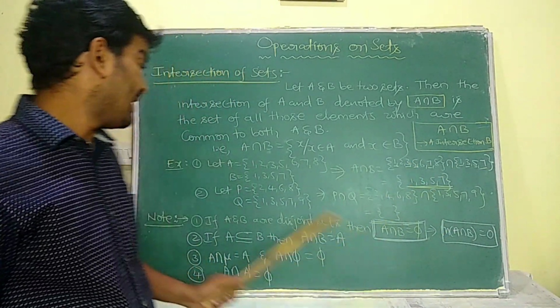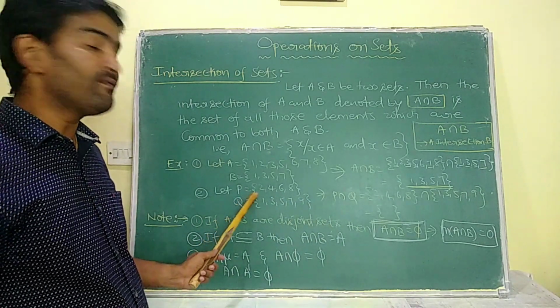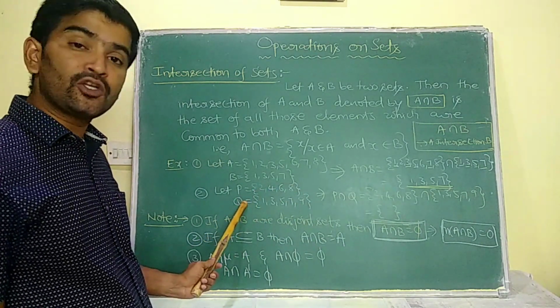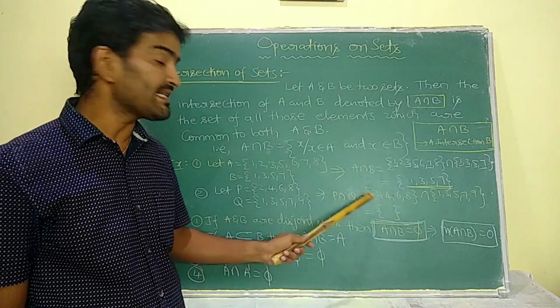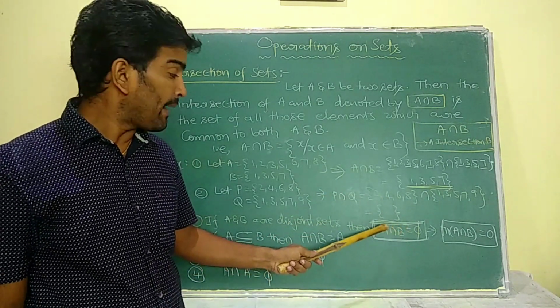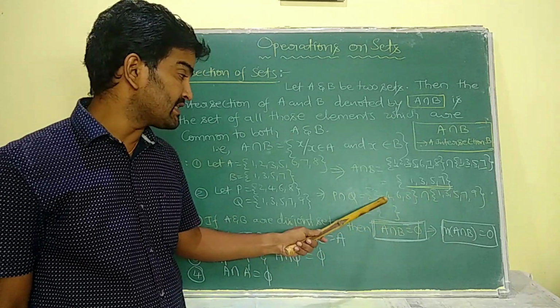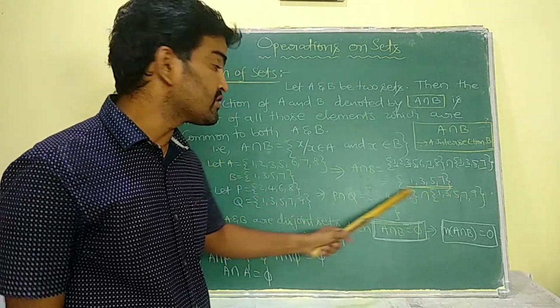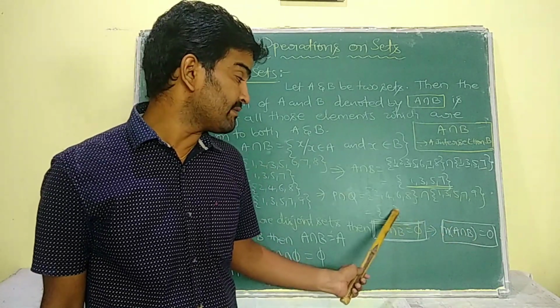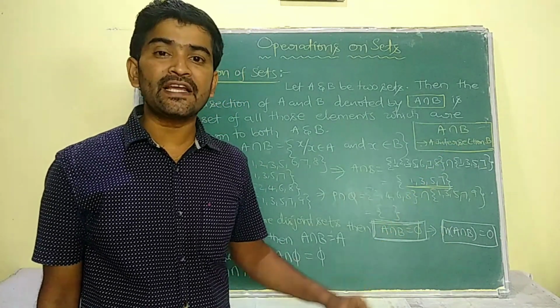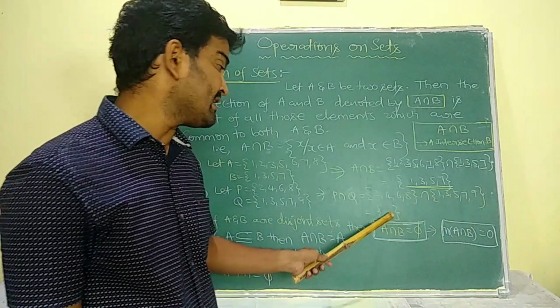Understand? Now example 2. P is the set of 2, 4, 6, 8 and Q is the set of 1, 3, 5, 7, 9. Then P intersection Q is empty because for this P and for this Q there is no element in common. If there is no element in common, this set becomes empty. If there are any common elements, those are placed in this set.